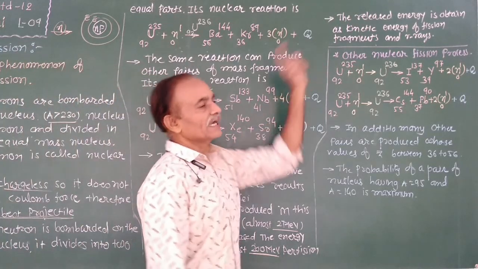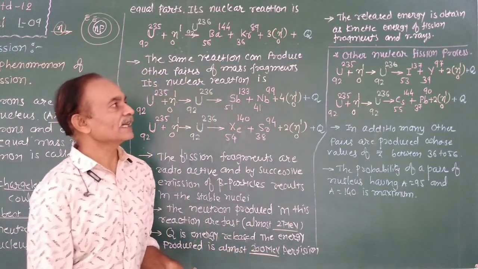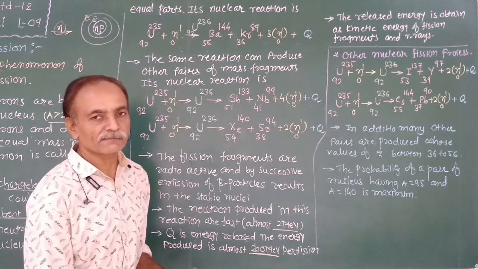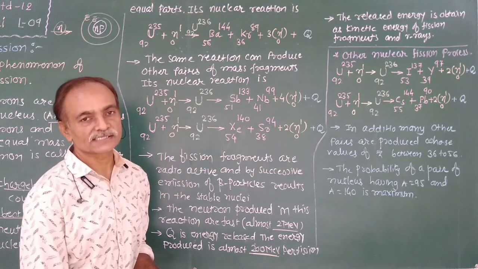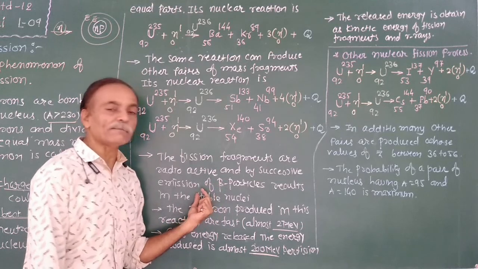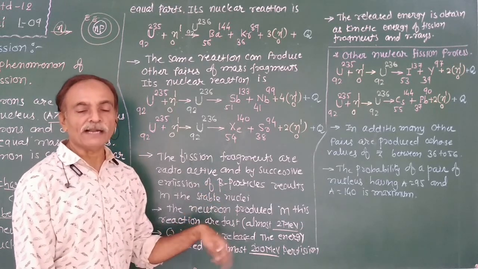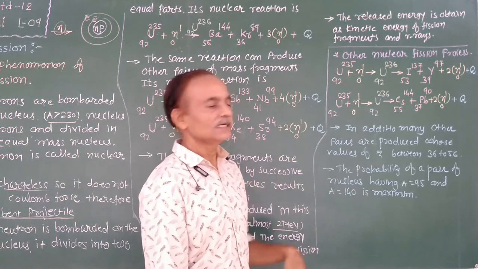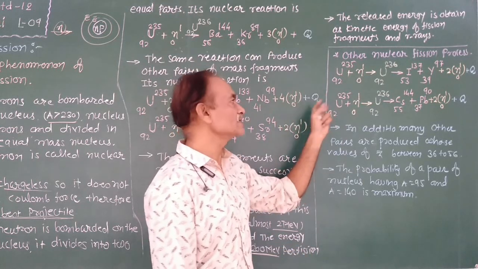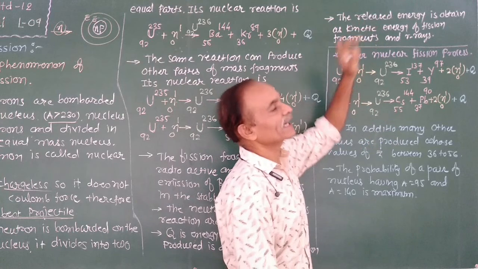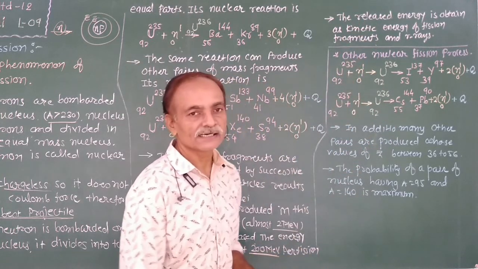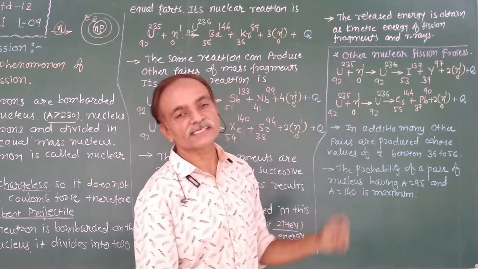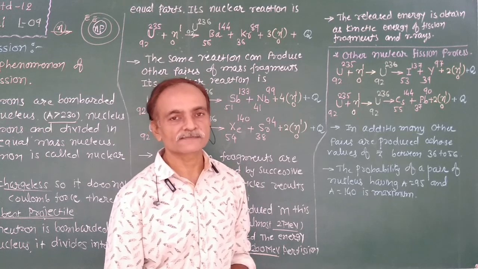This released energy is obtained as the kinetic energy of the fission fragments and gamma rays. After the emission of beta particles, gamma decay takes place, and the energy of the gamma decay is also included, so Q is the kinetic energy of the fission fragments plus the energy of the gamma rays.